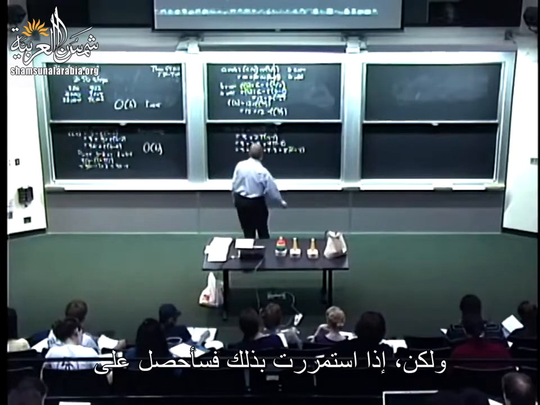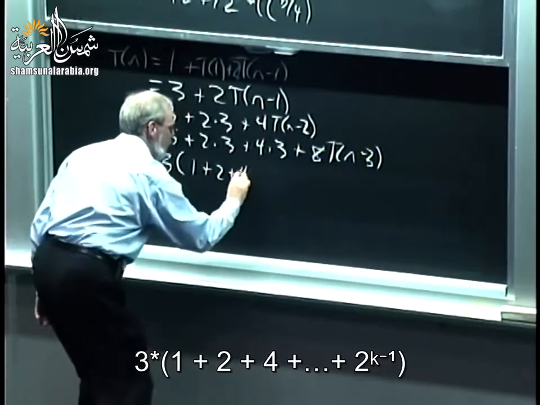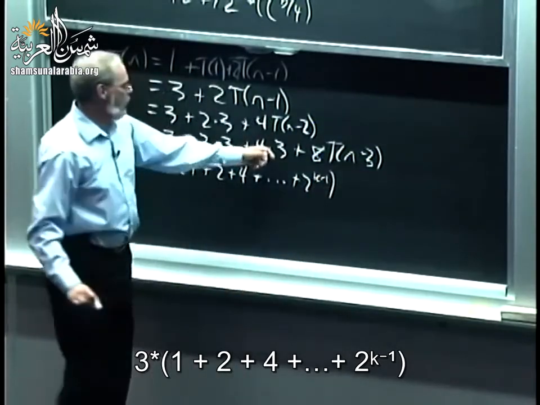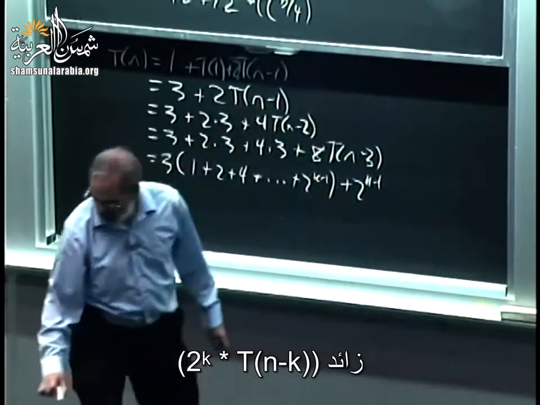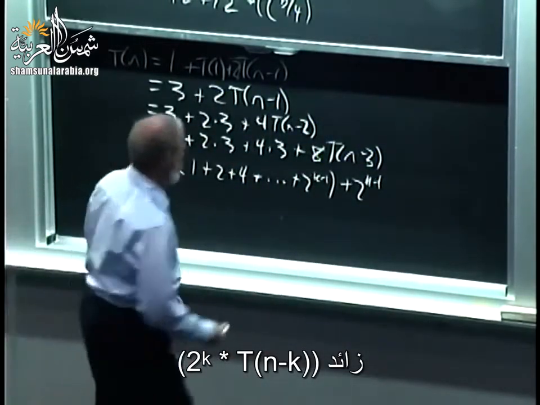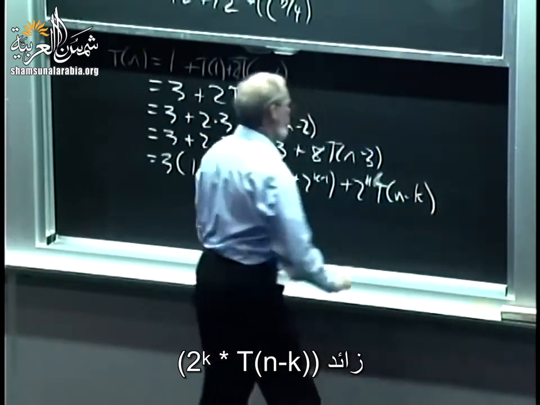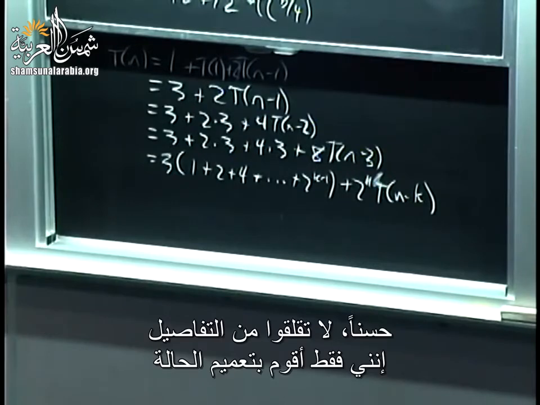But basically, if I do this, I end up with 3 times 1 plus 2 plus 4 up to 2 to the k minus 1 for all of those terms, plus 2 to the k T of n minus k. Again, don't sweat the details.